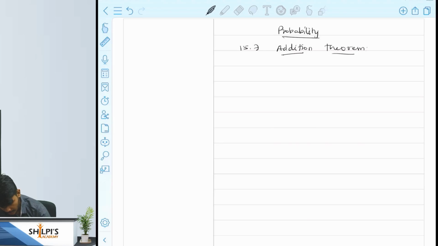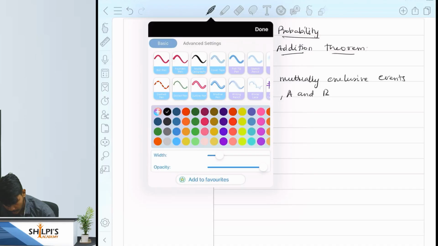So, we should have two mutually exclusive events. We can say it as A and B. So we should know what exactly an exclusive event is.